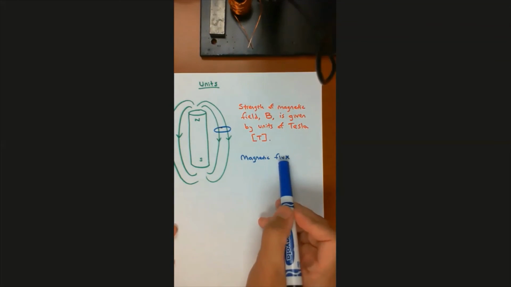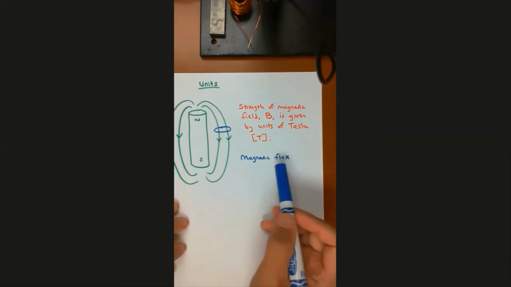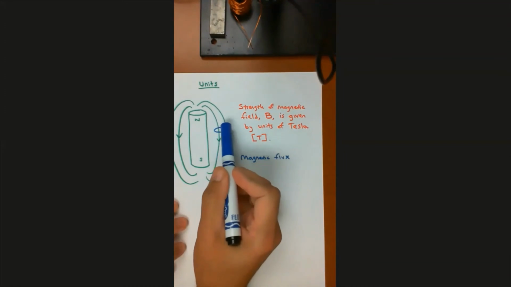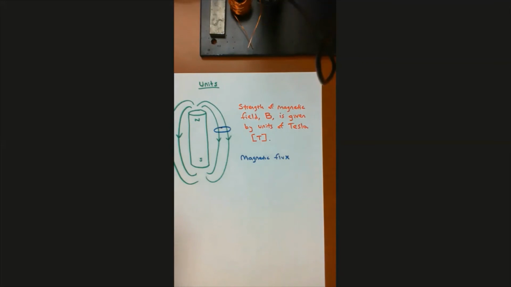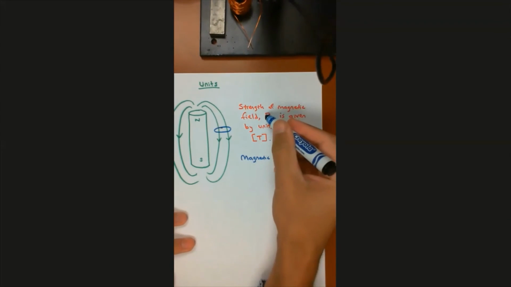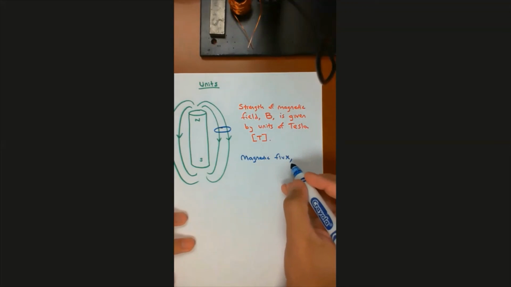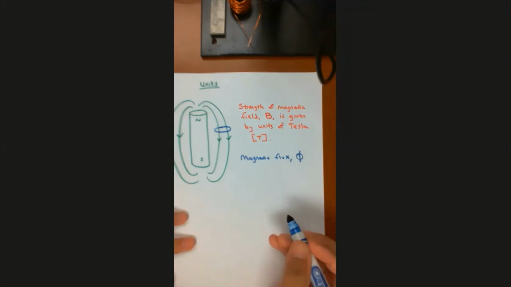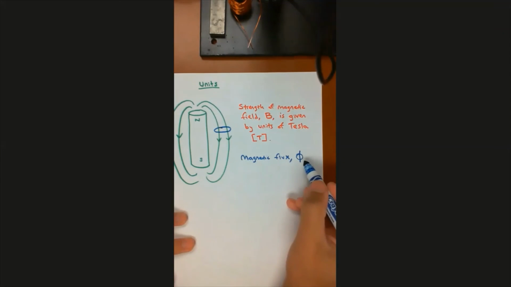So magnetic flux means the amount of the magnetic field going through this certain area that we're interested in. All right. So the magnetic flux has a variable analogous to B for the magnetic field, but the magnetic flux variable is phi. Right? That is the capital Greek letter phi. I didn't invent these, by the way, so don't shoot the messenger.